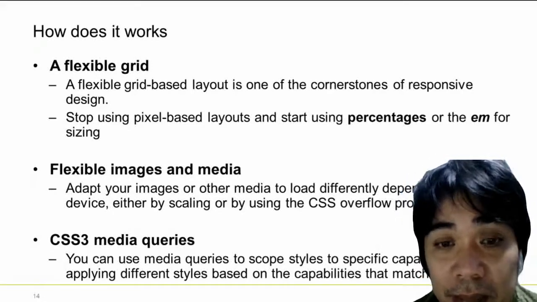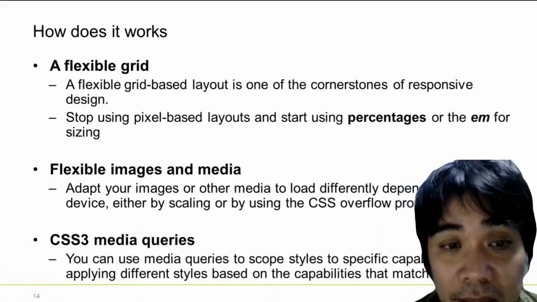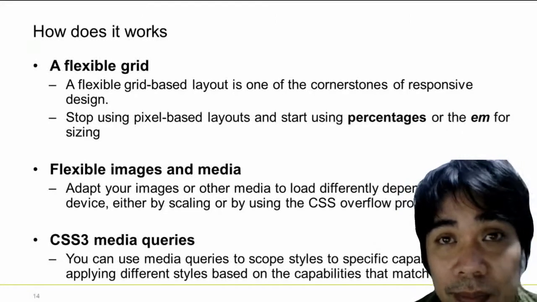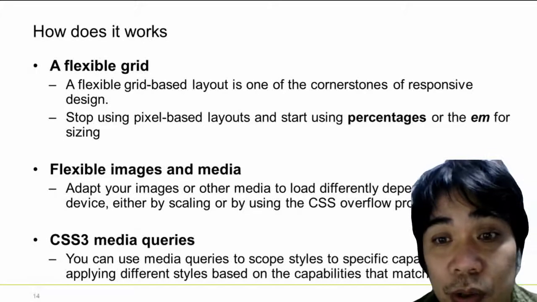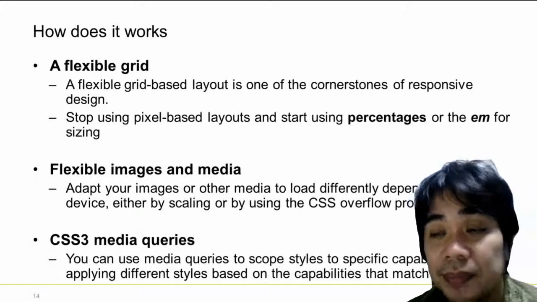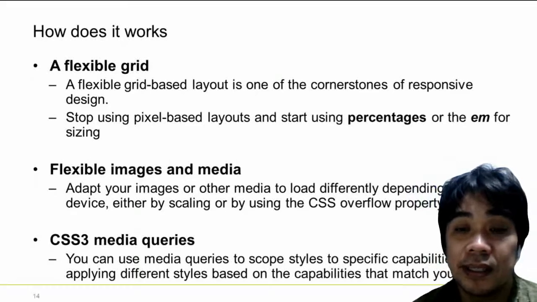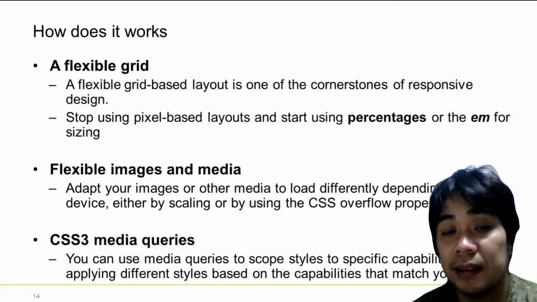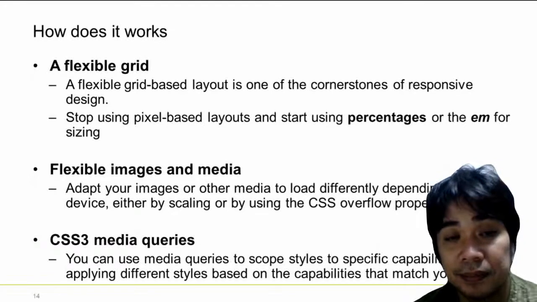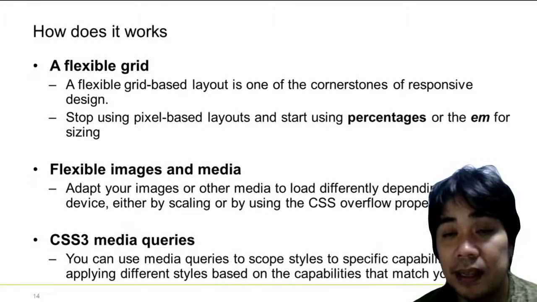For example, there are some students that use smartphones because they are easy to use. And CSS3 media queries, like some of the cascading style sheets, can be used in media queries.